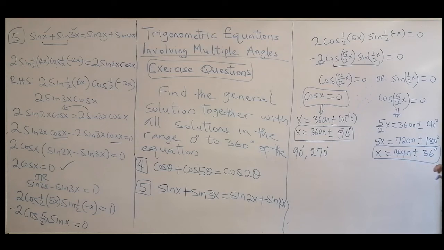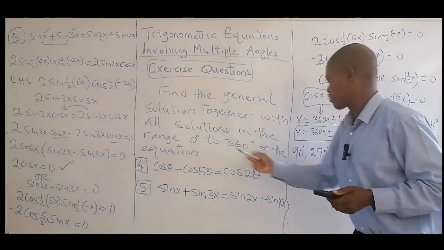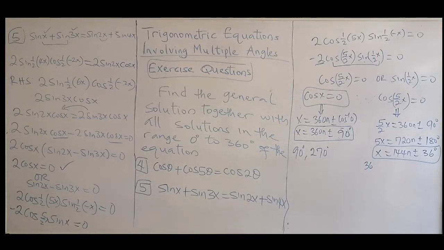So we can get the list of solutions from this. When n is equal to 0, we're going to have 36 plus or minus 36. Well, the negative will be knocked out because it starts from 0 to 360. Okay, 36. When n is 1, we have 144 minus 36, that's 108. Out of the plus, 144 plus 36, that's 180.